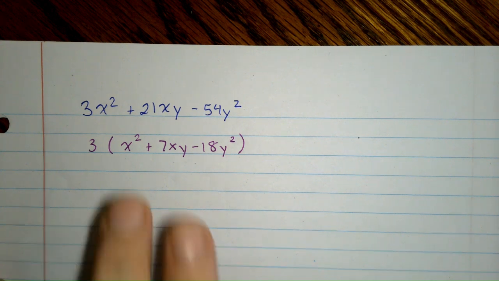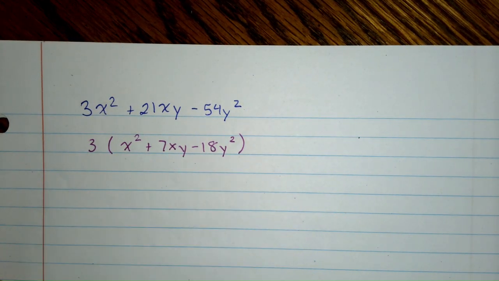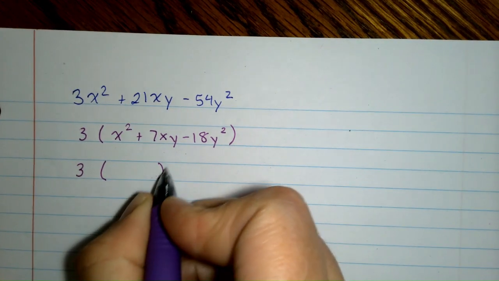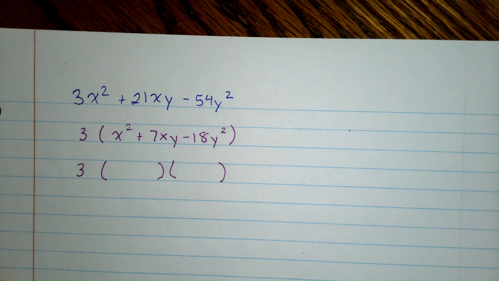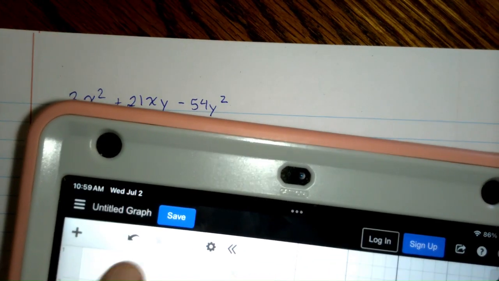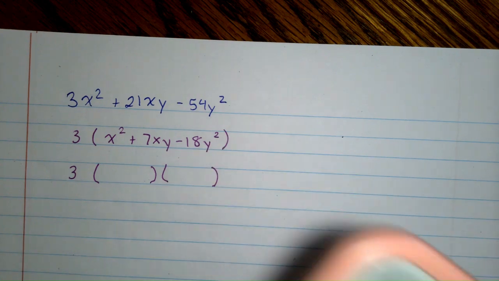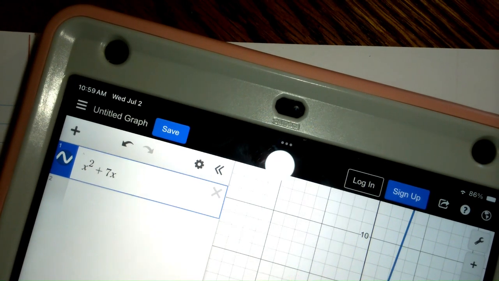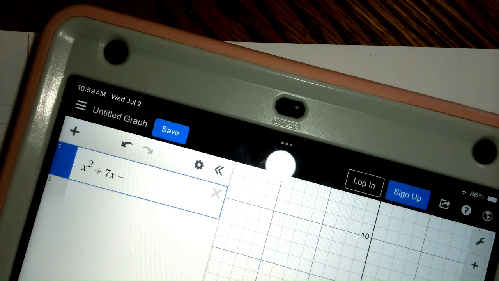Okay. But we still have exponents in here, so we're still going to try to break that down more. So we're going to hopefully have 3 and then 2 parentheses. Now, if you were checking this with Desmos to see if it breaks down more, you can't graph the x, y together. So what you're going to have to do is do x squared plus 7x, and only do the x minus 18.